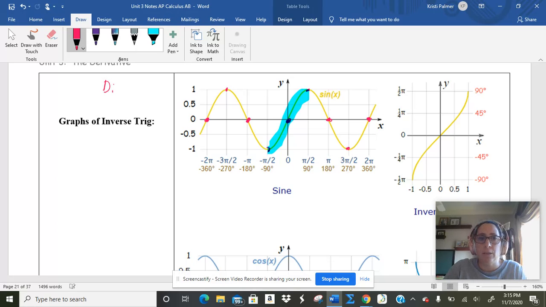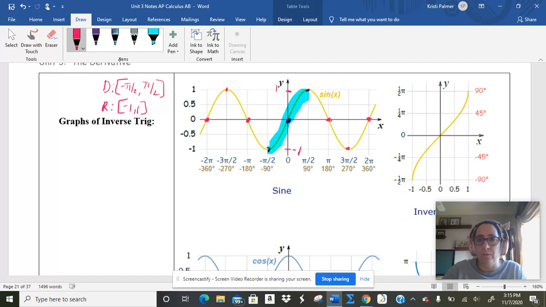So our domain is going to go from negative pi over 2 to pi over 2, and our range is going to go from negative 1 up to 1 for this sine function to have an inverse.